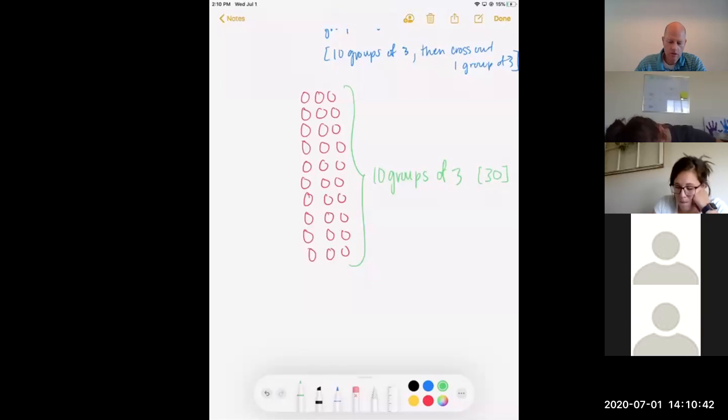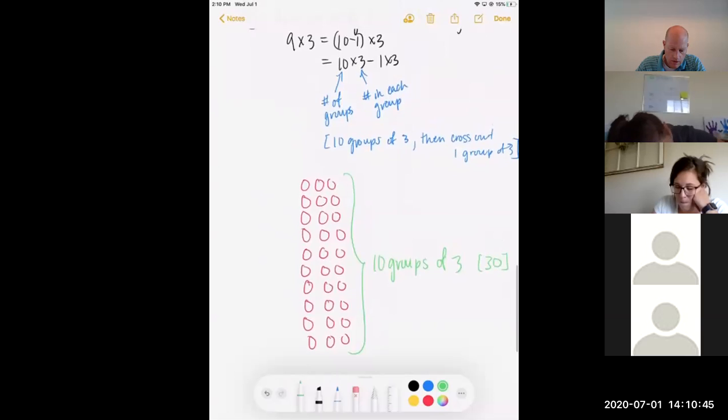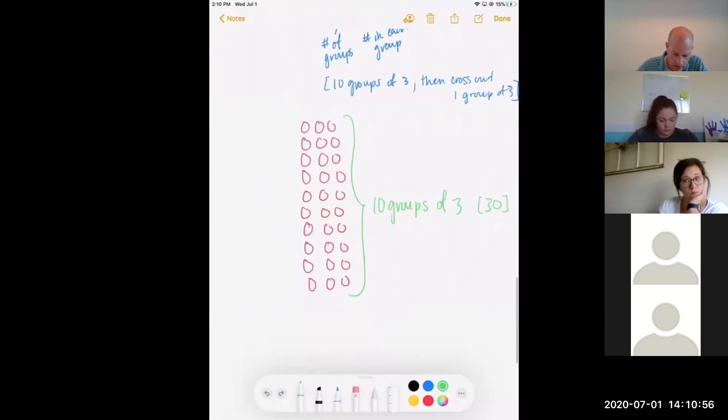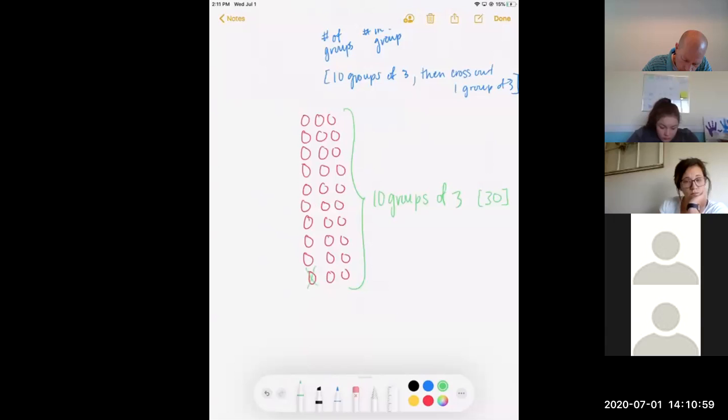According to the numerical equation, we take our 10 groups of 3 and we subtract off one group of 3. So I'm going to cross out one group of 3 and then find the answer there. I cross out that one group of 3, or 3 of those pieces.